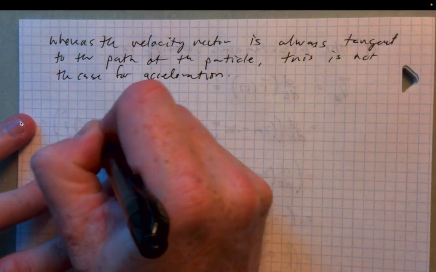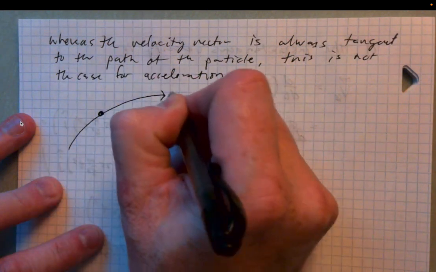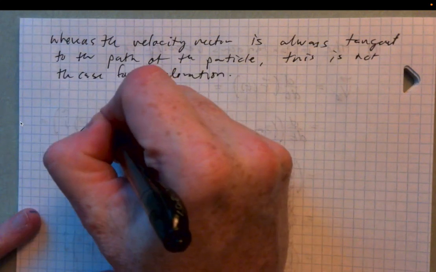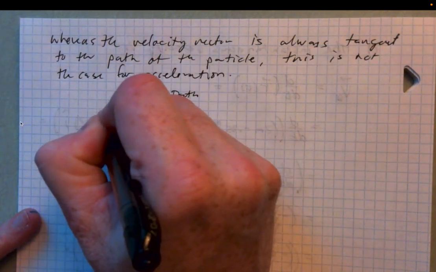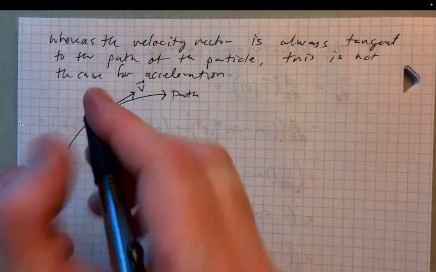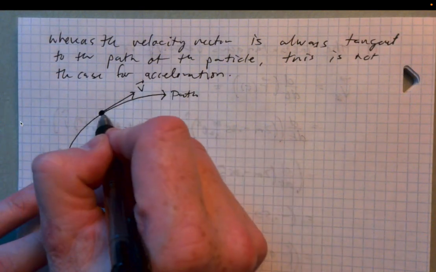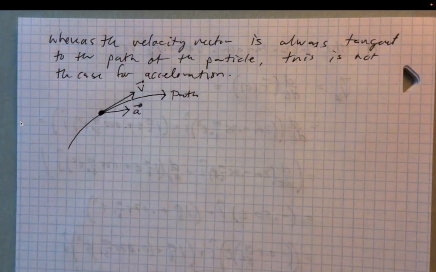So if I've got a path, this is the particle's path, it's moving along this path. The velocity vector is going to look like this. It's going to be tangent, meaning it's touching the path at just this one point. The acceleration vector is not going to be tangent to this curved path. Instead, it's going to look something like this. It's going to point off the path in the direction of the curvature of the path.